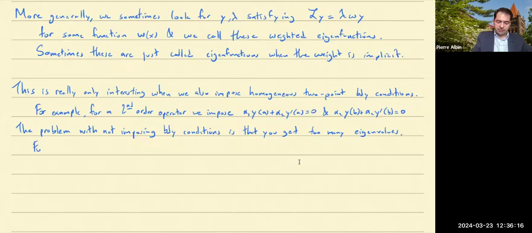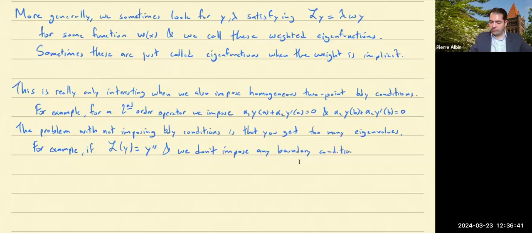So for example, if L of y is just take two derivatives of y, and we don't impose any boundary conditions, then every scalar lambda is an eigenvalue of L.